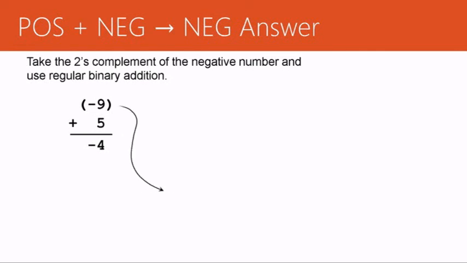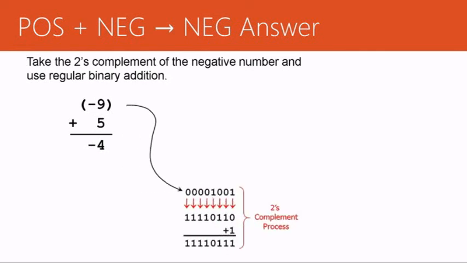So first, we get the binary equivalent of 9. That is 0, 0, 0, 0, 1, 0, 0, 1. Okay, and we have to flip each bit, so 0 becomes 1 and 1 becomes 0. So we have here 1, 1, 1, 1, 0, 1, 1, 0, and we have to add 1. So this is now the 2's complement of negative 9.